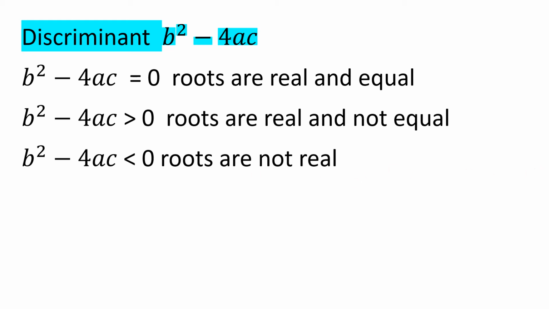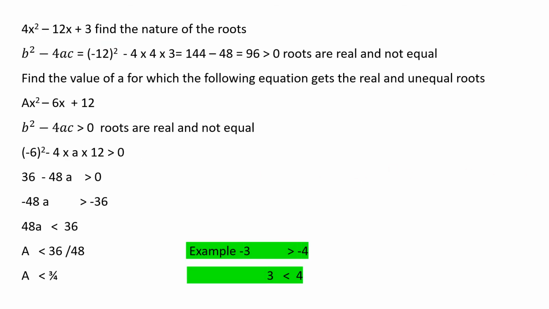So going to the next one. You understand that the question is 4x square minus 12x plus 3. Then you have to find the nature of the roots for this equation. When they ask the nature of the roots, you should understand that you have to find the discriminant b square minus 4ac.